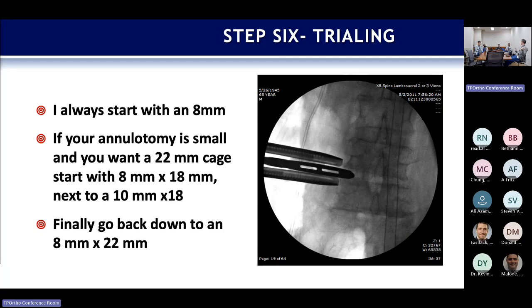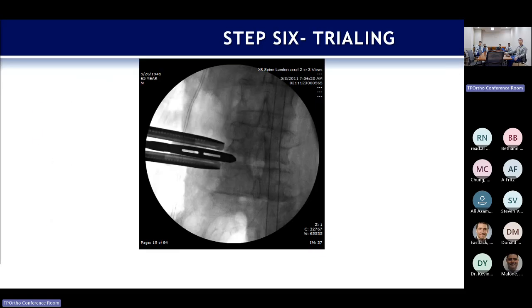So it's actually less. So theoretically, if you can get an 8 millimeter and a 10 millimeter tall 18 in there, you can definitely get an 8 by 22. And once you get an 8 by 22, you can almost always get a 10. So there should be very few reasons why you can't get it in there unless you're working through such a narrow window because of your nerves, in which case you're just trying to get an interbody in.